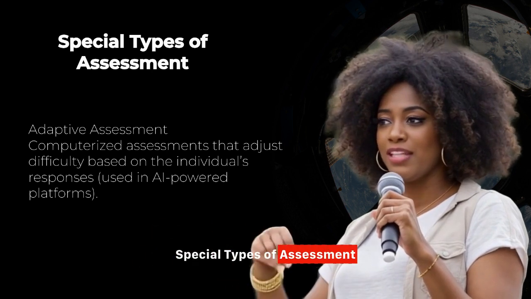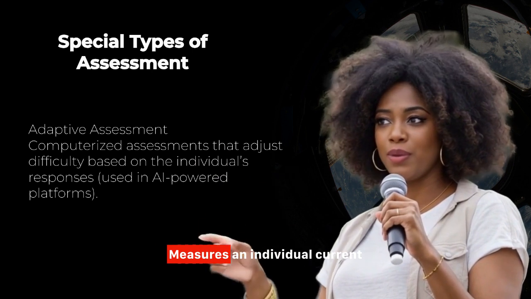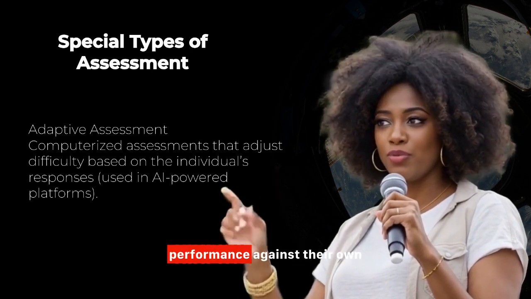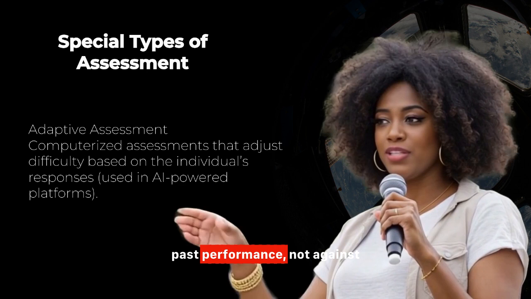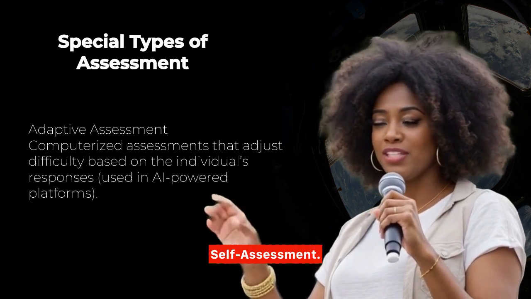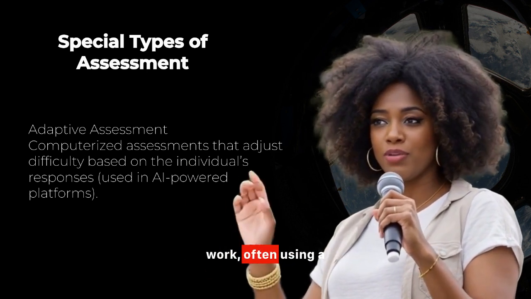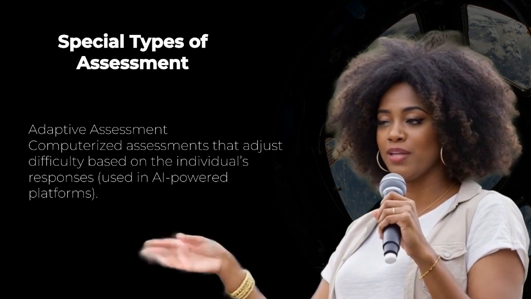Special types of assessment. I. Ipsative assessment. Measures an individual's current performance against their own past performance, not against others. II. Self-assessment. Individuals assess their own work, often using a checklist or rubric.